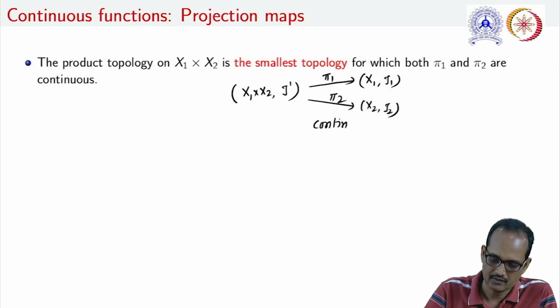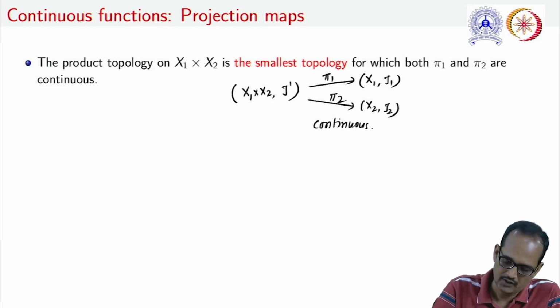Then what we have to justify? Actually, we have to justify that the product topology, that is tau, is coarser than this tau dash.